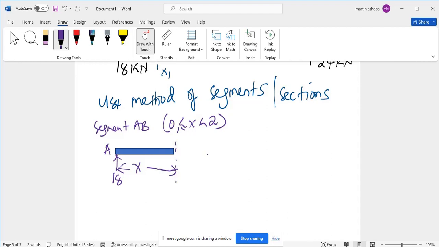We are looking at a segment which is at a distance of less than 2. In other words, we are ranging between 0 and 2.